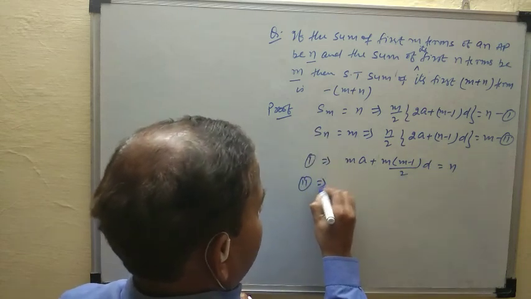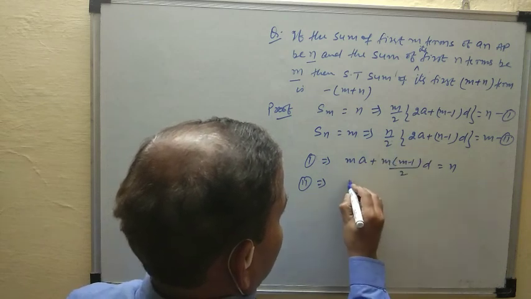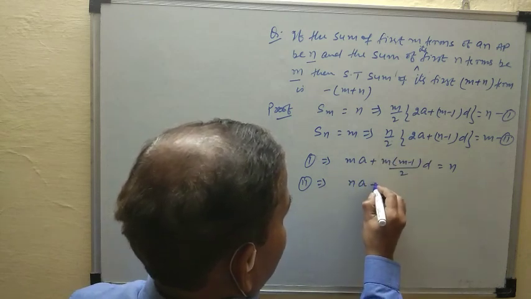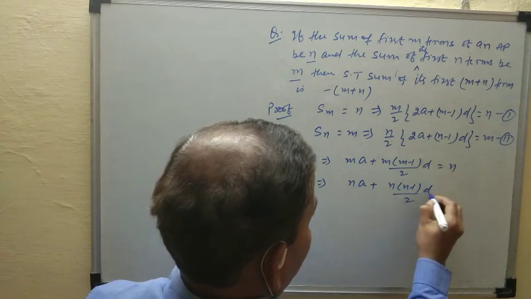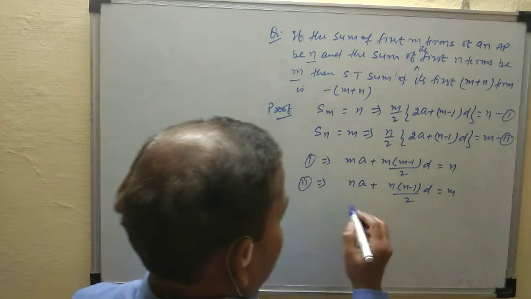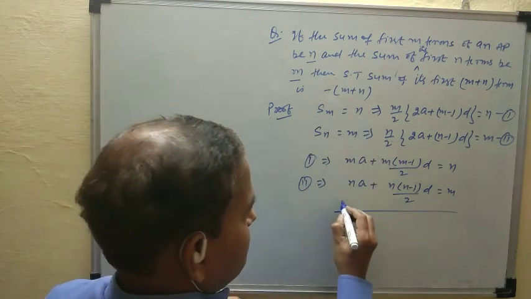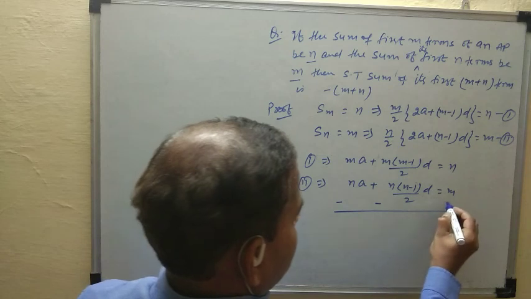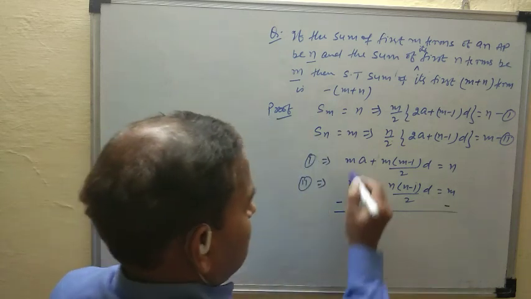The second equation, also opening the bracket, the 2 cancels: na plus n into n minus 1 by 2 into d is equal to m. Then subtract these two equations, so sign minus, minus, here also minus.